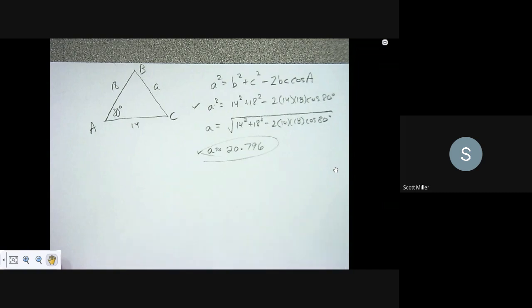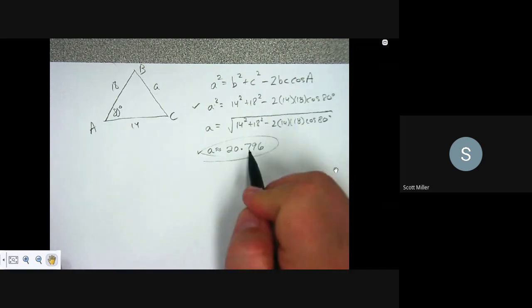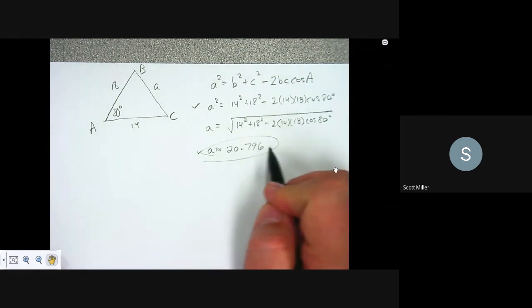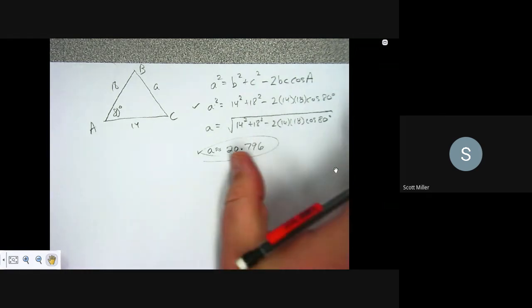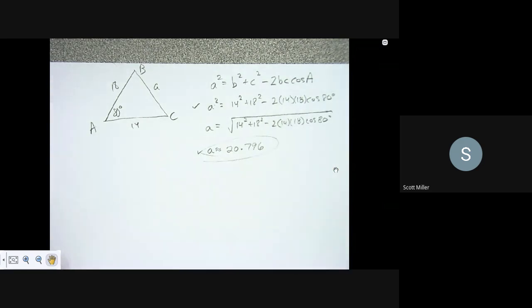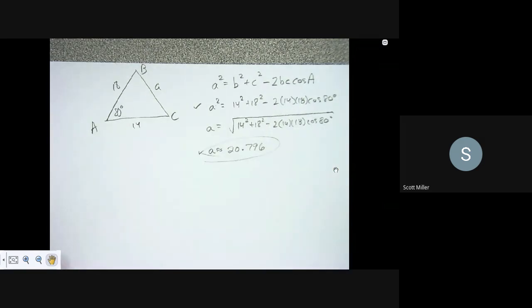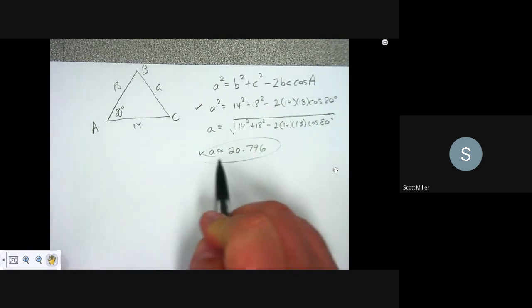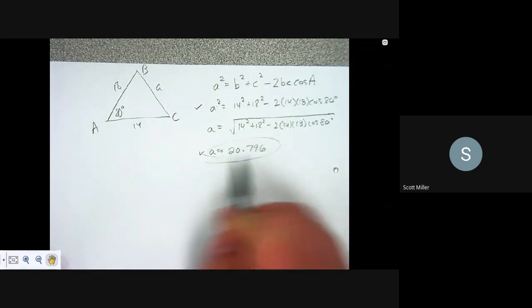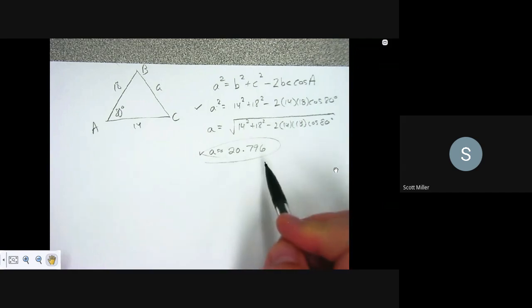Okay? And so if you want to avoid that as much as possible, don't round this off, just take as many decimal places as you can, and then use that extended answer in the rest of your work, and it should be a better, more accurate answer. But for our purposes in this class, you may use just this rounded off answer here in later work.